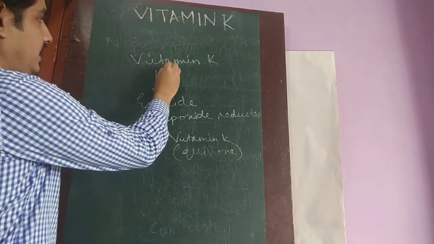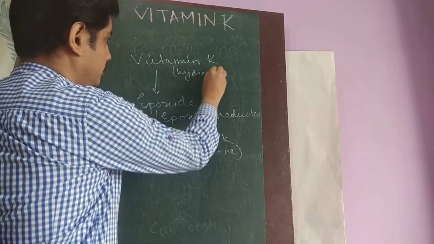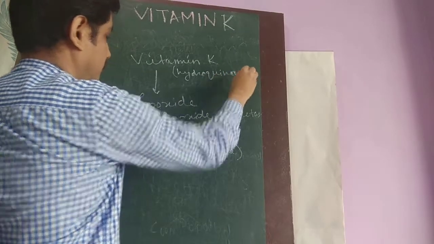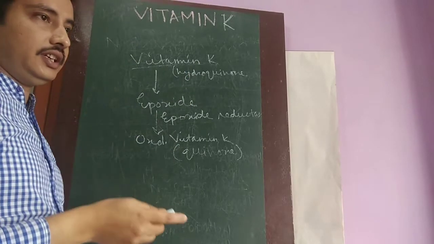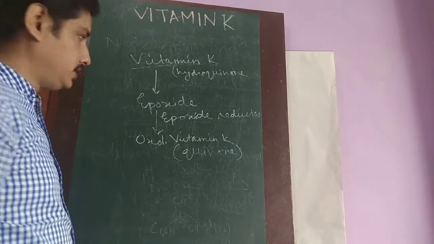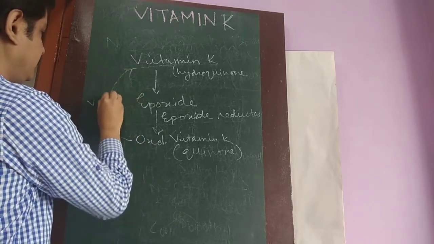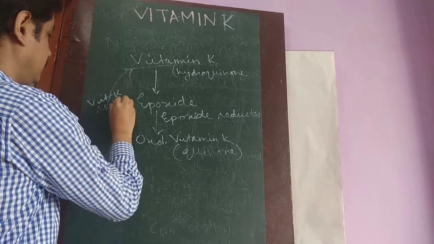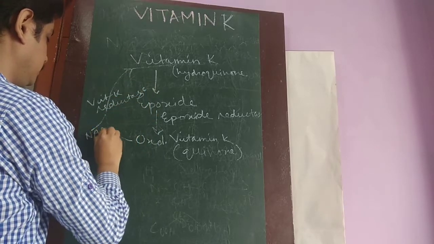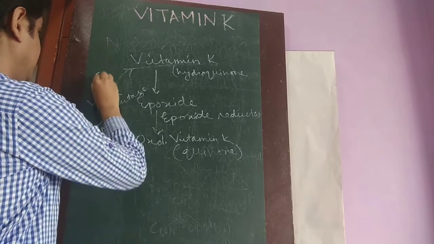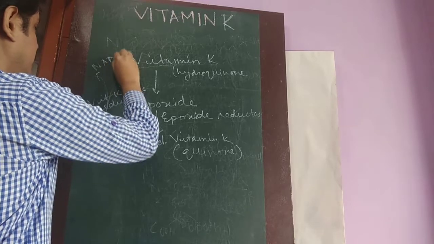The reduced form of vitamin K is the hydroquinone form. So this reduced vitamin K has to be regenerated so that it can further help the carboxylase enzyme. It is regenerated by the enzyme vitamin K reductase. The coenzyme is NADPH, which is converted into NADP.